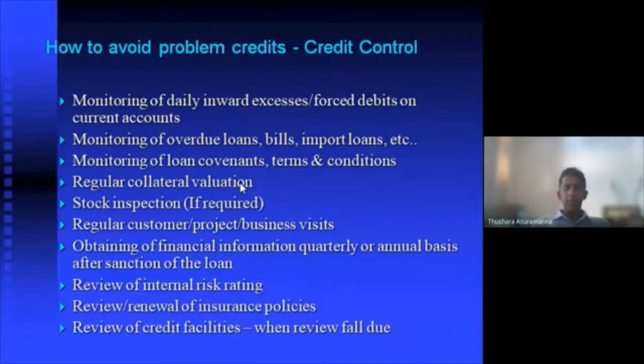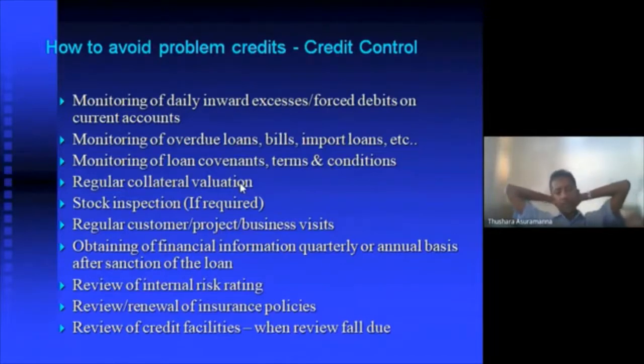Then regular collateral evaluation, very important, because even if it's performing, you need to do evaluations every 4 years. If it is NPL, yes, again you need to do evaluation. Why? Because you need to assess the status of the collateral.